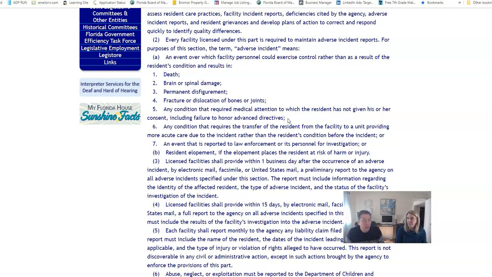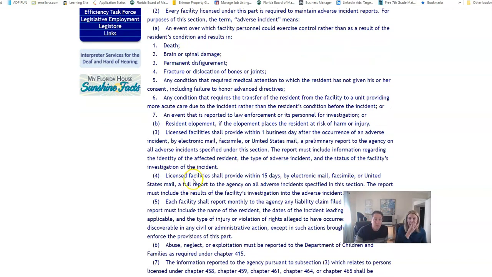Because if they had a DNRO on file with you, and the family knew it, everybody knew it, and the employee on staff didn't tell the paramedics and they provided resuscitation, then that would be an adverse incident.